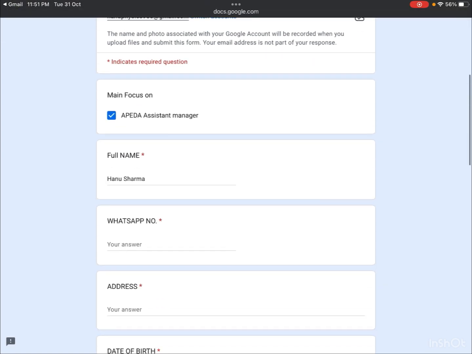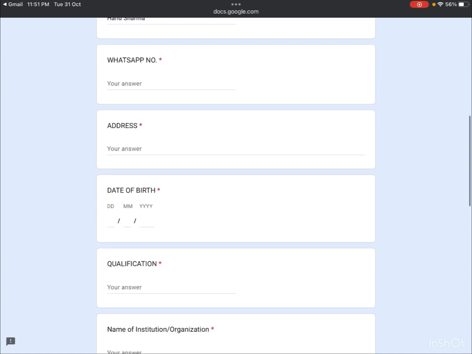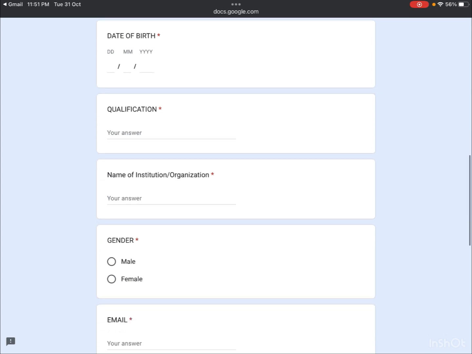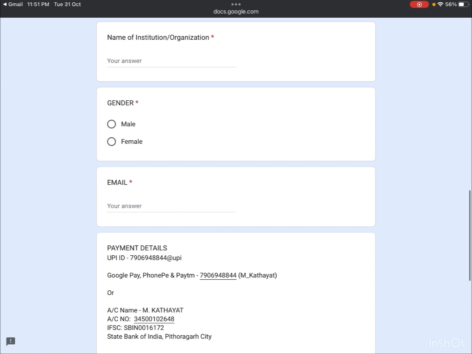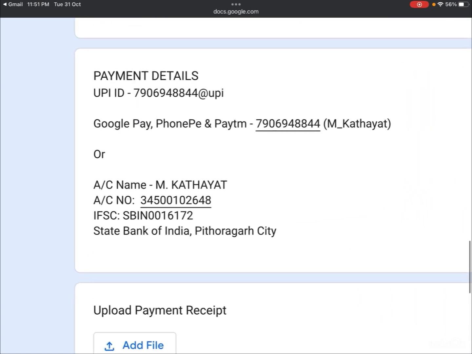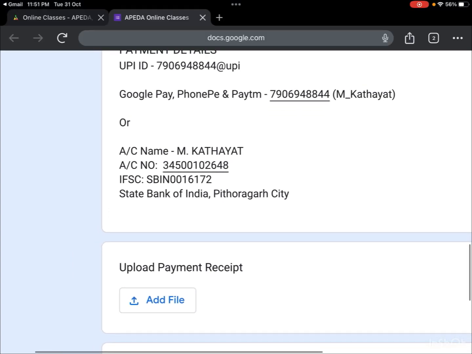Here you need to fill your name, your WhatsApp number, your address, date of birth, qualification, name of the institution, like the college which you are studying in, your gender, your email, and here you have the payment details. You need to make the payment on this UPI ID via Google Pay, Phone Pay and or ATM, and this is the account details.